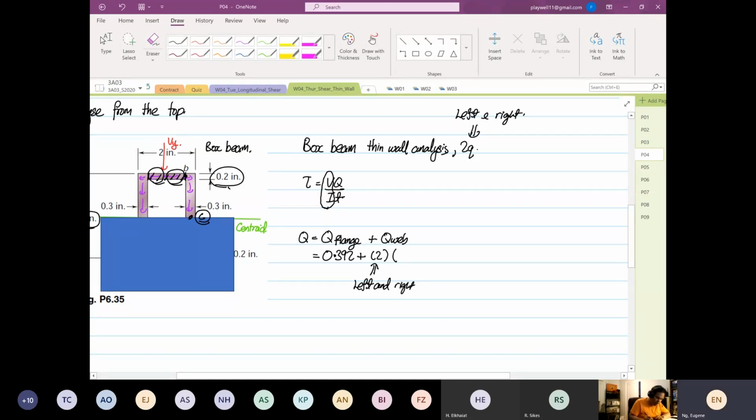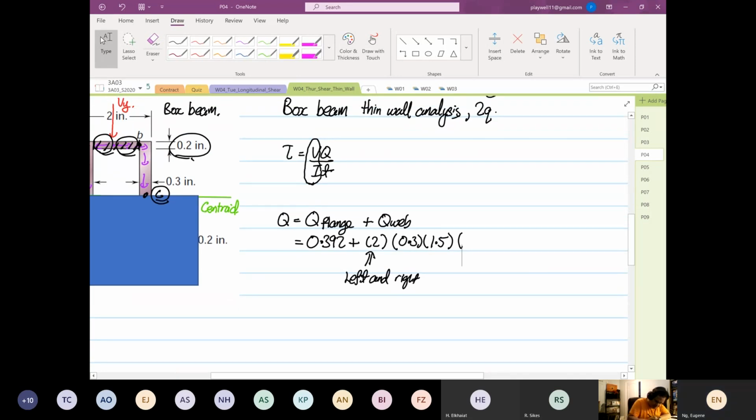All right. So the width will be equal to 0.3. The depth is equal to 1.5. The y bar is 1.5 divided by 2. Okay, so this is equal to 1.5 divided by 2.